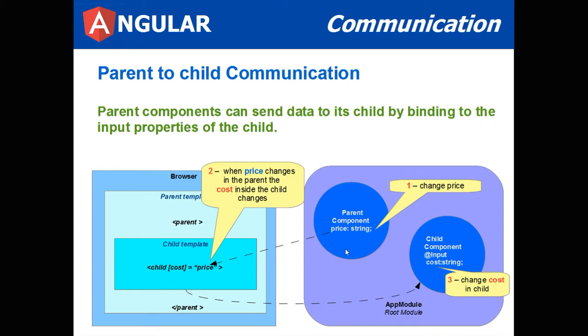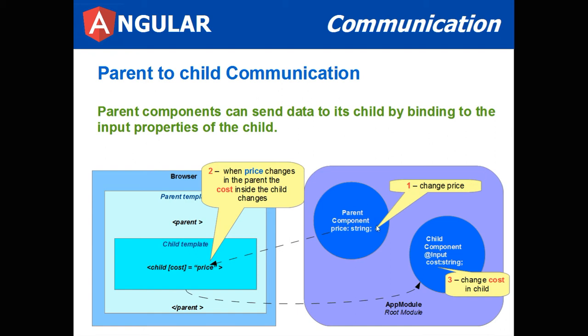So what I'm representing here is the component templates and their relationship between the backing objects and the front end template. All of this is running in a browser. It's all JavaScript code. So these objects on the right hand side are objects running in the browser. I'm projecting them to the right here so we can have a closer look at what's going on. The parent component could have a price attribute.